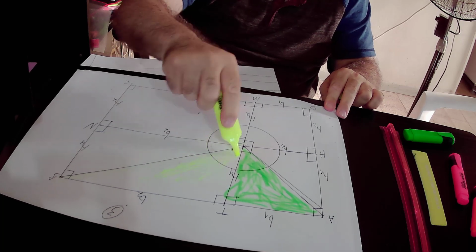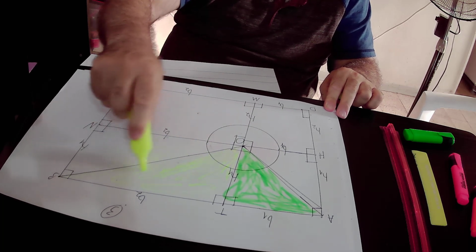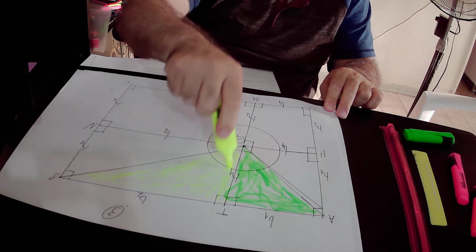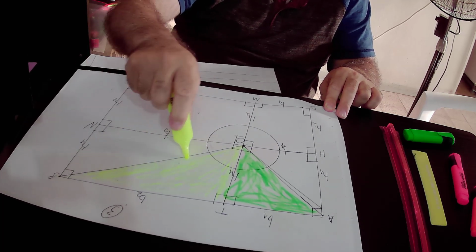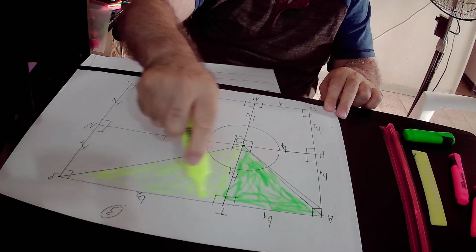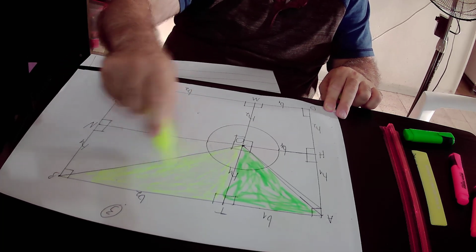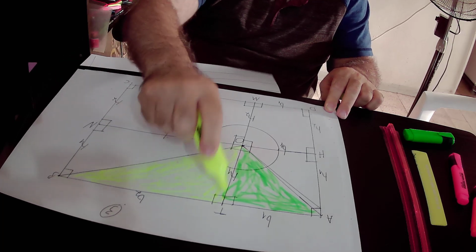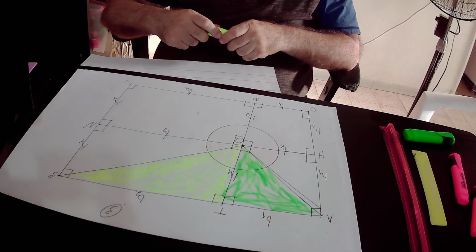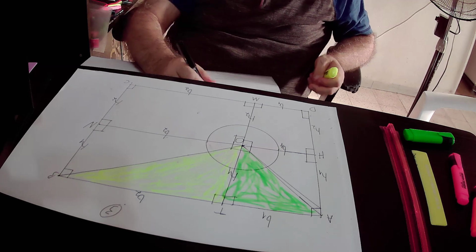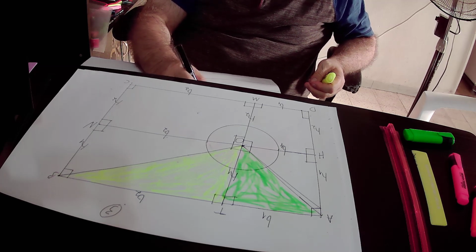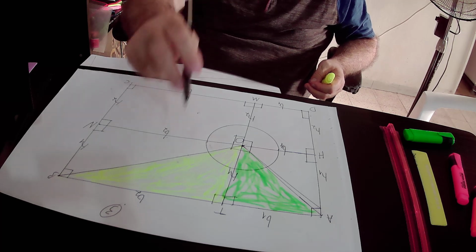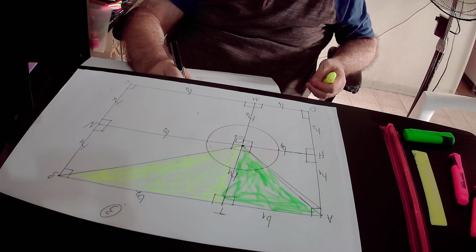In the right yellow triangle TOB, according to the Pythagoras theorem, we will get that BO square equals B2 square plus H1 square.